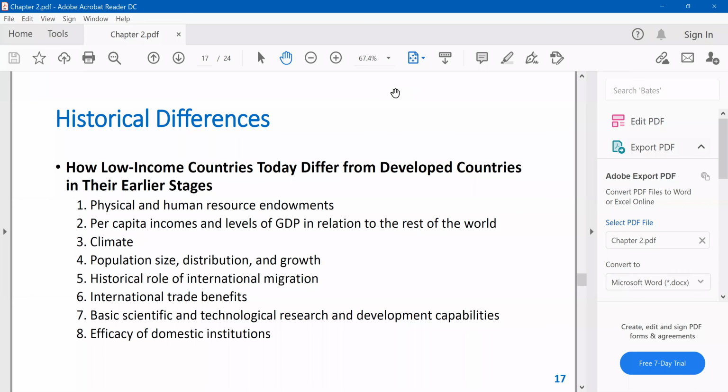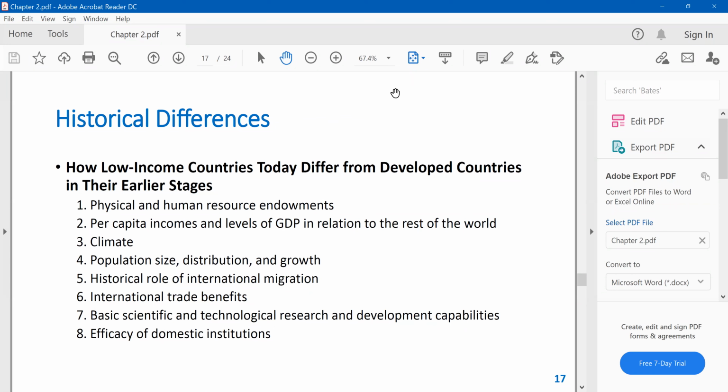So here, basically, we want to understand how low-income countries today differ from the developed countries in their earlier stages. Remember the first week I told you that today's developed economies were also poor and underdeveloped by historical standards, right?